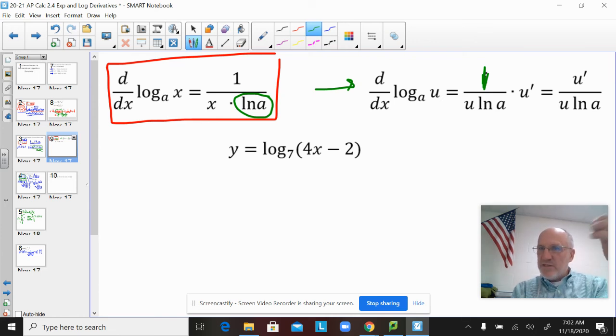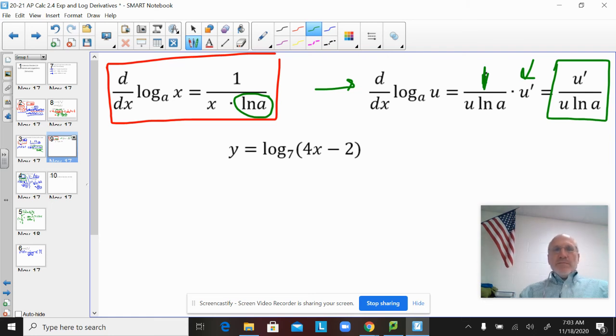But then the chain rule says we still need to multiply it by the derivative on the inside, which is that u prime. And again, you want to move the u prime on top and write it like u prime over u natural log of a. That's fine. So the derivative of the log base a of x is 1 over x natural log of a. The derivative of the log base a of u is u prime over u natural log of a.